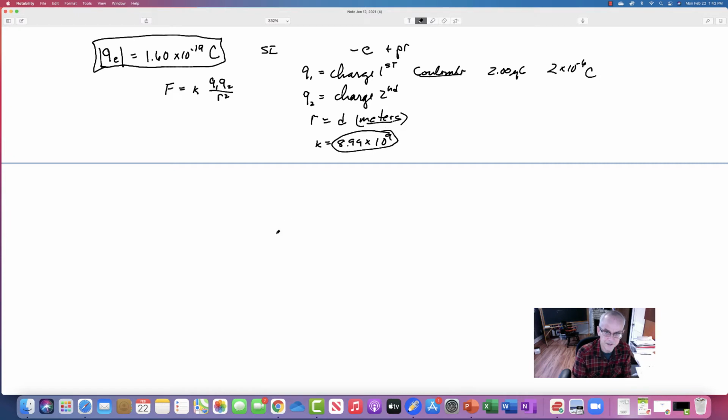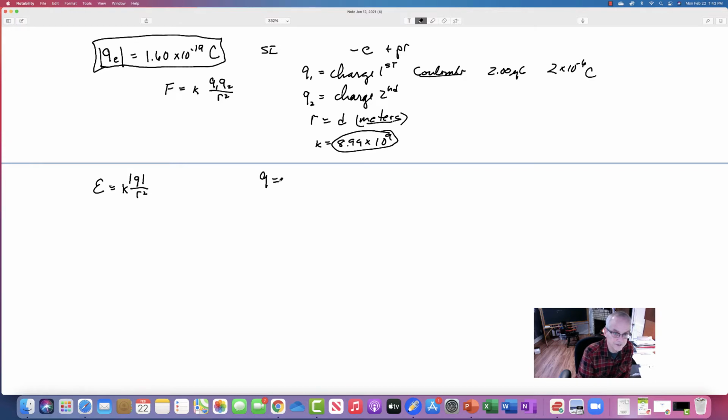this constant. The other formula that we'll be using today has to do with an electrical field. And there's actually a couple of these. The electrical field generated by a point charge is equal to the constant times the absolute value of the charge divided by the distance squared.